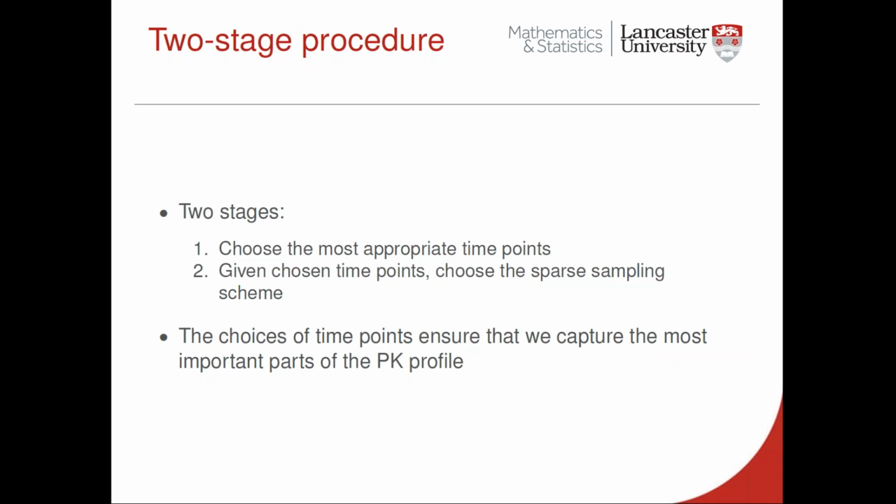We're going to be rather pragmatic here and say that yes, in theory we could sample at any possible continuous time, but in reality there are going to be some limitations on what we can and cannot do. Among this set of possible time points, we want to find which ones give us the most information about the underlying PK relationship.